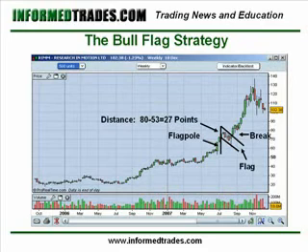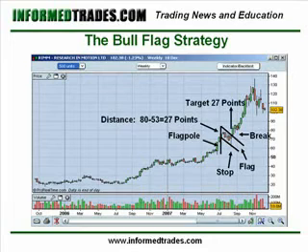You can see it starts there at the bottom with the flagpole, and then you can see the top candle there in the middle of the flag. So we get 27 points by subtracting 53, the low, from 80, the high. And that's our target for that buy, and then we place our stop just below the support line there.